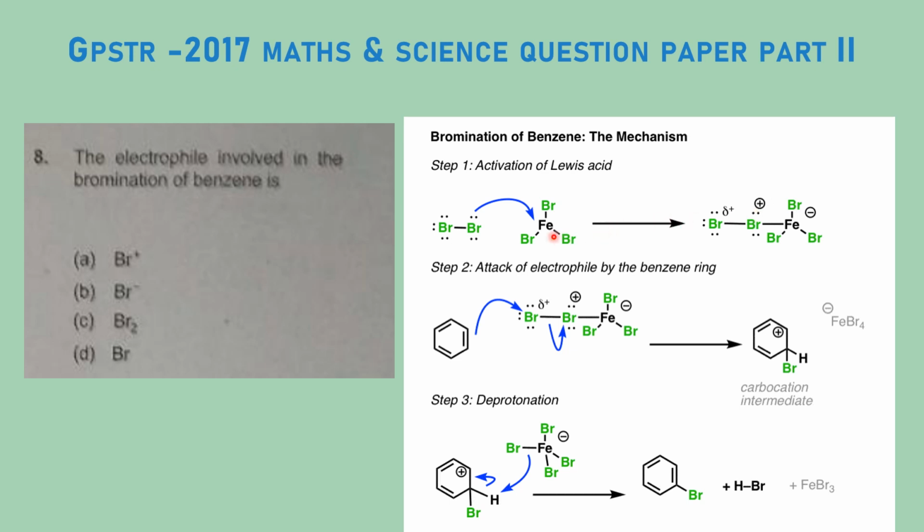The iron is receiving the electron, therefore it acquires a negative charge. This is the first step of bromination of benzene. It is nothing but activation of the Lewis acid. In this step, the catalyst ferric bromide reacts with the bromine molecule, and you get this intermediate.